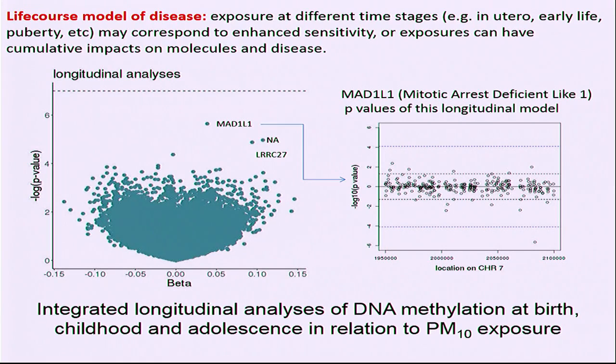So we have blood for all of those time points, and we are looking, for example, for signals that are constant across the different time points. And we find one. We don't know what it really means. This MED1L1 gene.